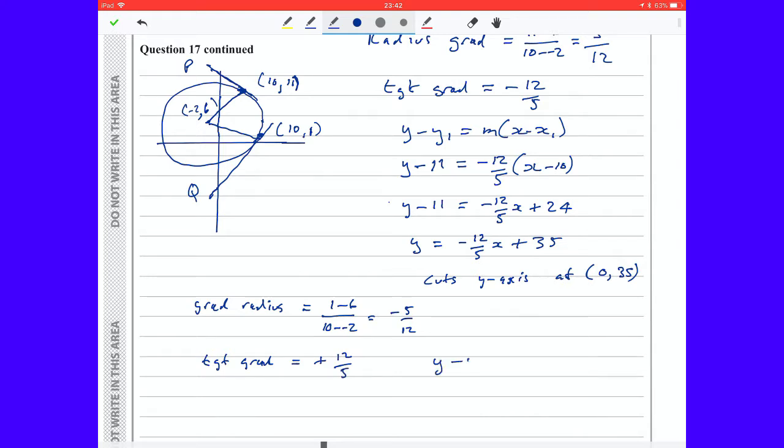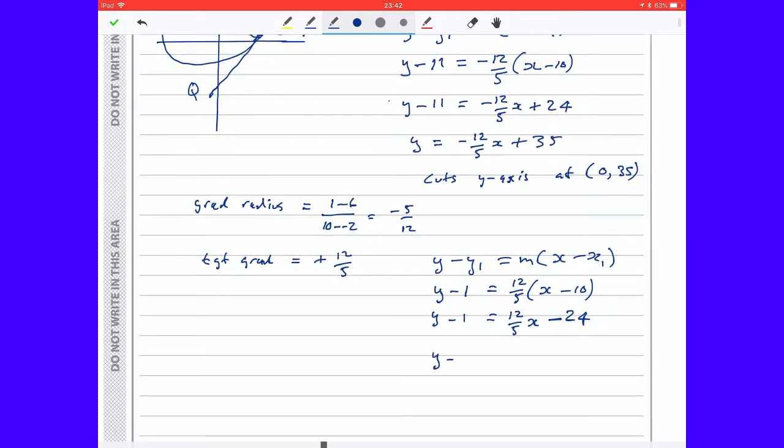So I can use y minus y1 equals m(x minus x1) again. And this time it's y minus 1 is equal to 12 over 5 (x minus 10). So y minus 1 is equal to 12 over 5 x. And 12 over 5 times -10 is going to be negative. The 5 cancels into 10 twice, and I get -24.